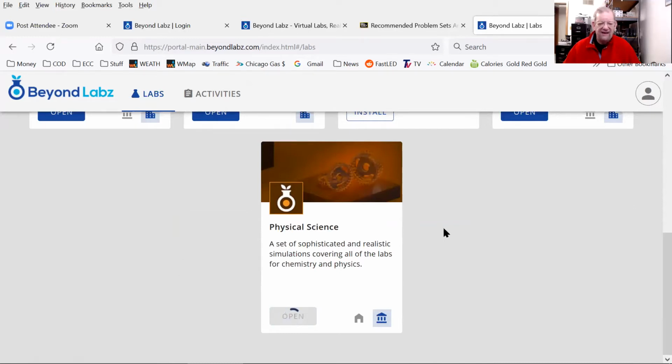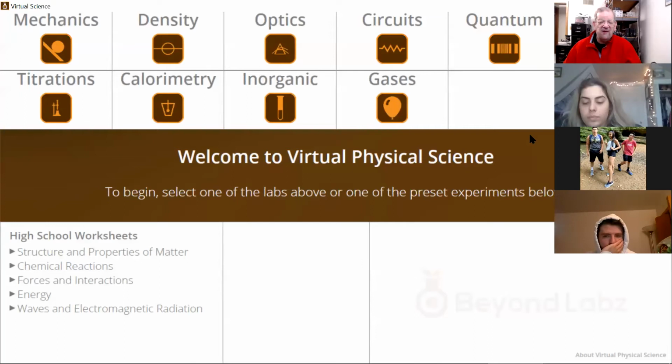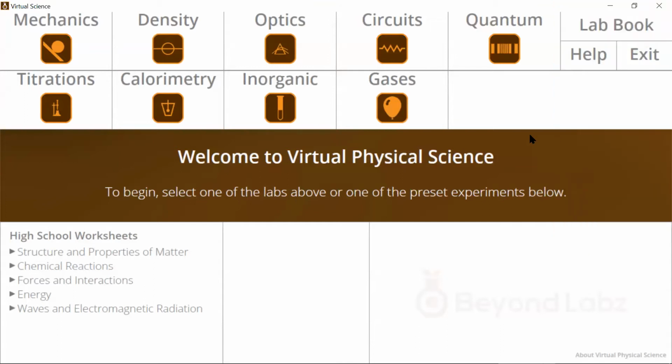And I forgot to say at the bottom, we're going to do density, and let me make sure you can see this now. Thumbs up, people. Do you see density in the upper corner of your screen? Thank you.